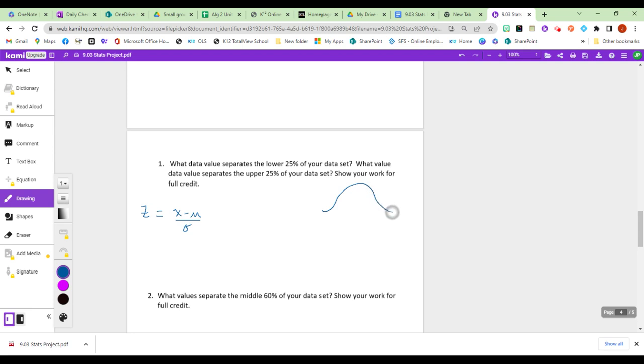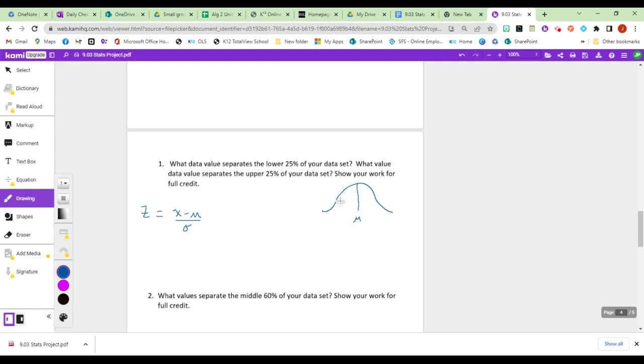So here is the mean. It's right in the middle. So we know we've got 50% to the left. 50% of our data is to the left of the mean, and 50% is to the right. So the first question is what data value? So what number out of my 20 numbers separates the lower 25%?